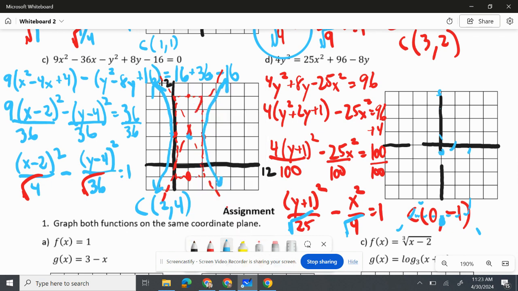So if we go by twos, then 0, -1 is going to be the halfway. We're going to take the square root of 25, so this would be 5, which would be 2, 4, 5. Square root of 4 is 2, so we're going to go right 2, left 2.